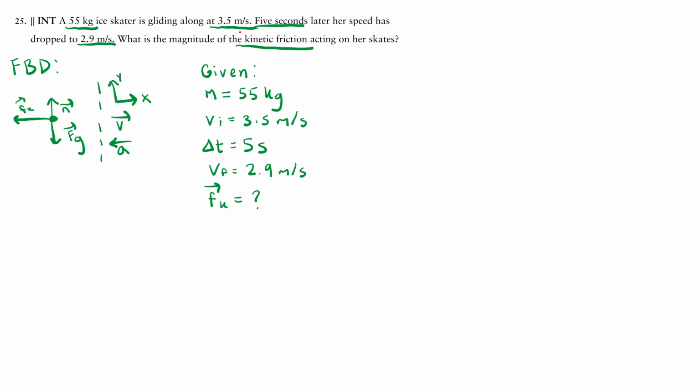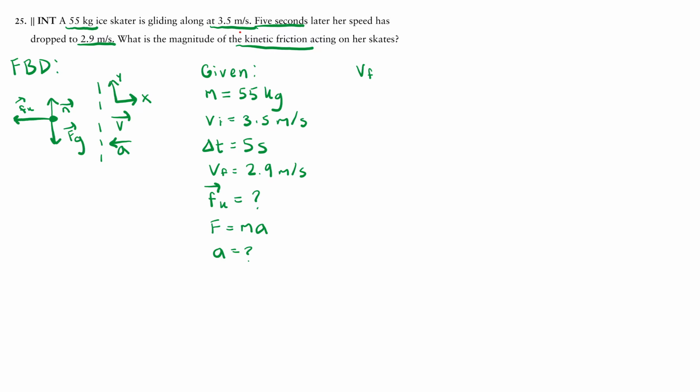And then we know that force is equal to the mass times the acceleration. And currently we have no acceleration. So we're going to want to find that. And we can find that using a kinematic equation from chapter 2.